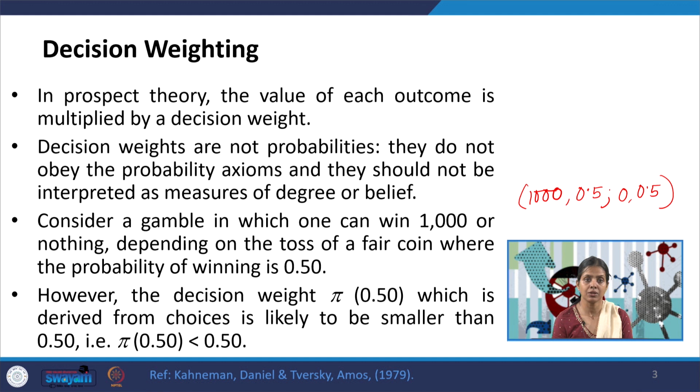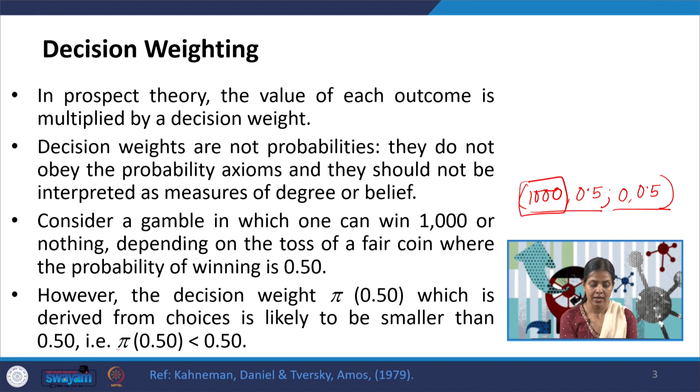So, all we want to say here is that the probability value actually does not directly reflect our preferences or our choices. Here the probability of winning 1000 is 0.5, but I still may not like this kind of bet simply because my preference for winning 1000 rupees or $1000 is less.